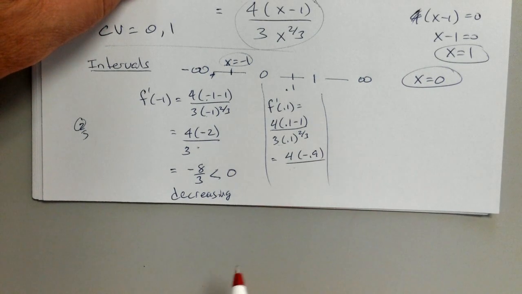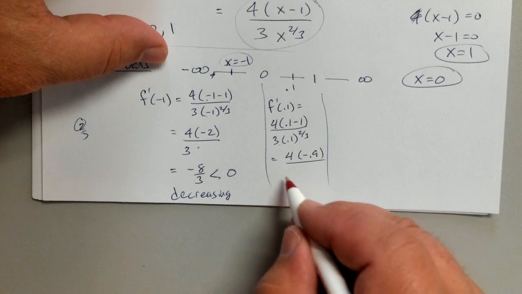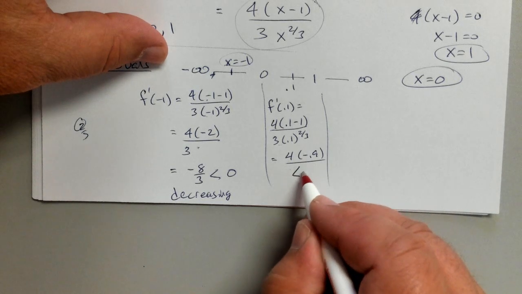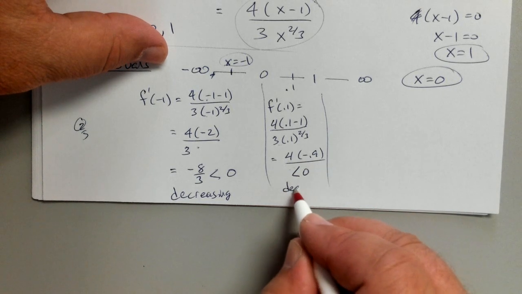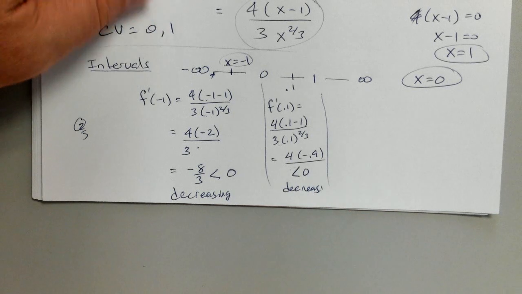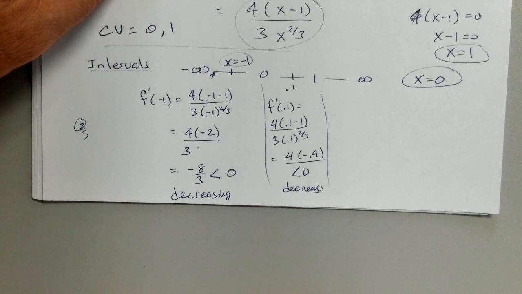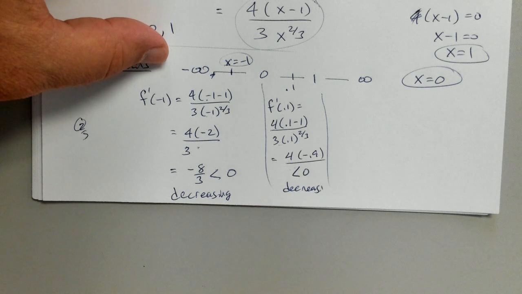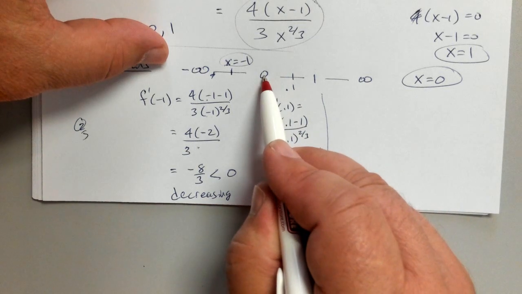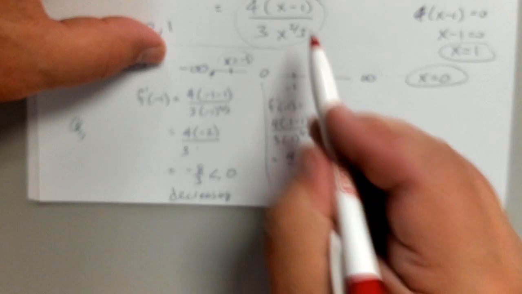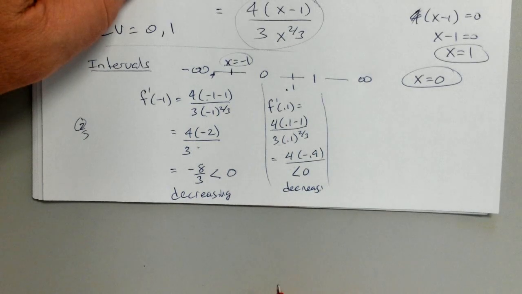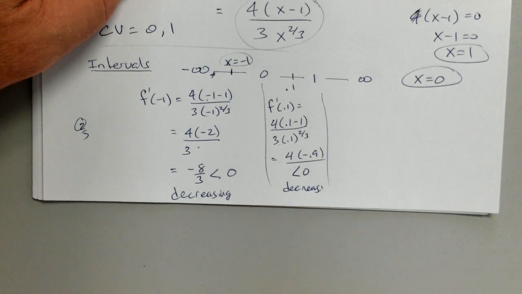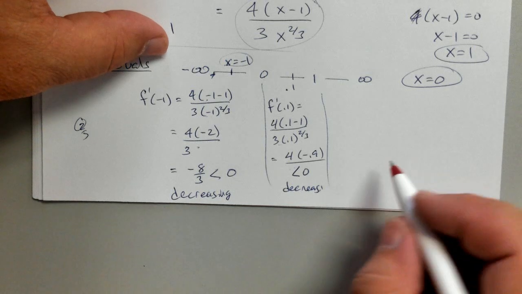So this one's also negative. It's also decreasing. That's possible because remember, 0 is a critical value that makes it undefined.